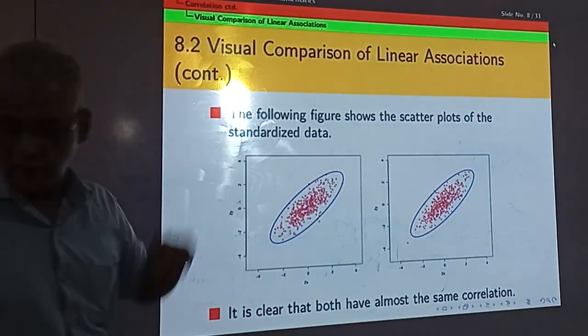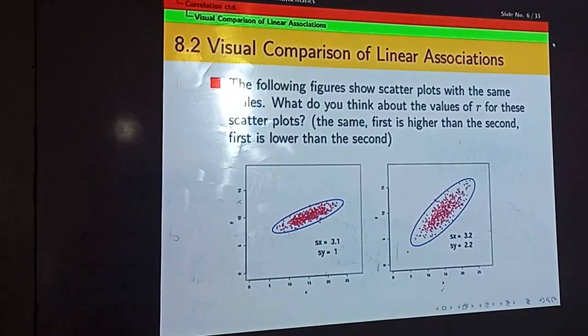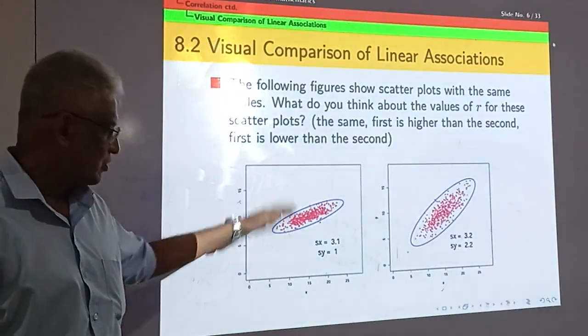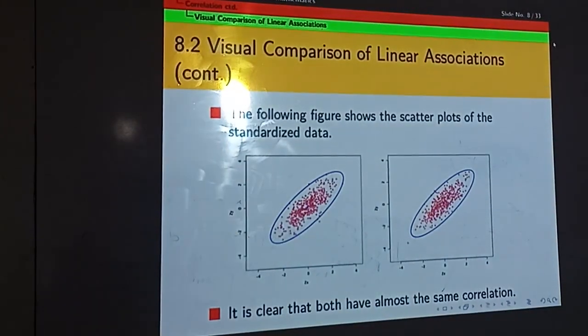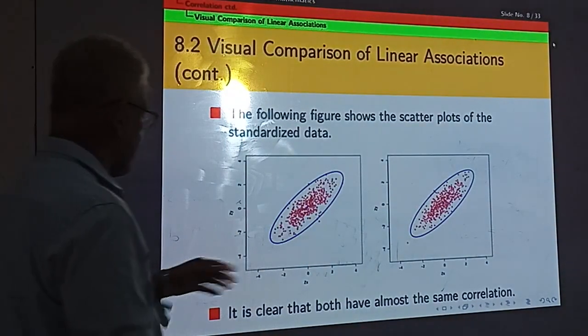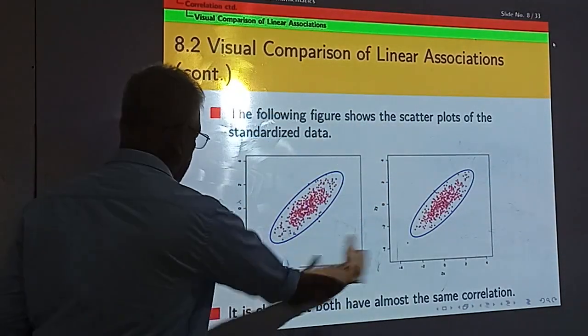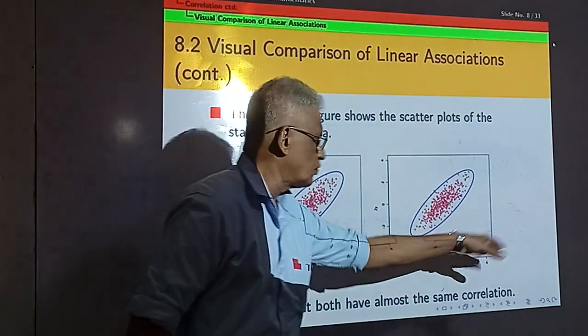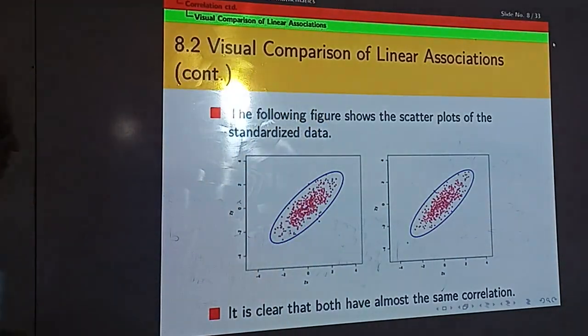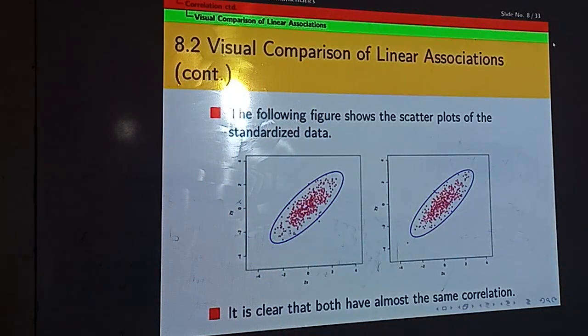So this graph came from the previous graph. This axis now, in the second one, is in standardized units. Earlier you had numbers up to 25 or so, but now it's between -4 and +4 here, and similarly -4 and +4 here. So now everybody will agree that they have the same strength.